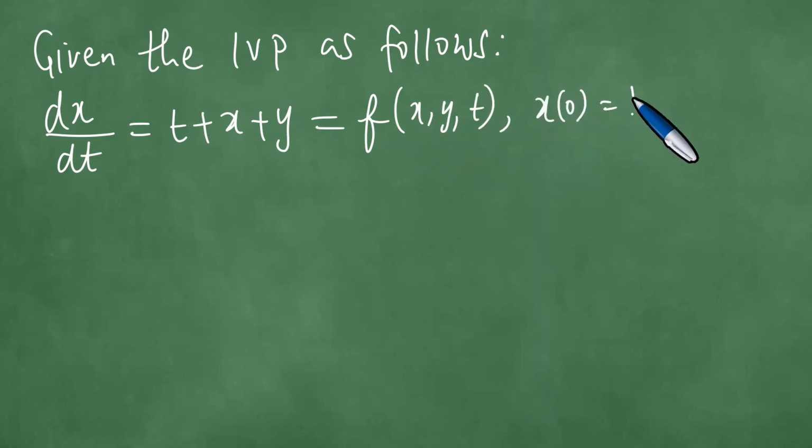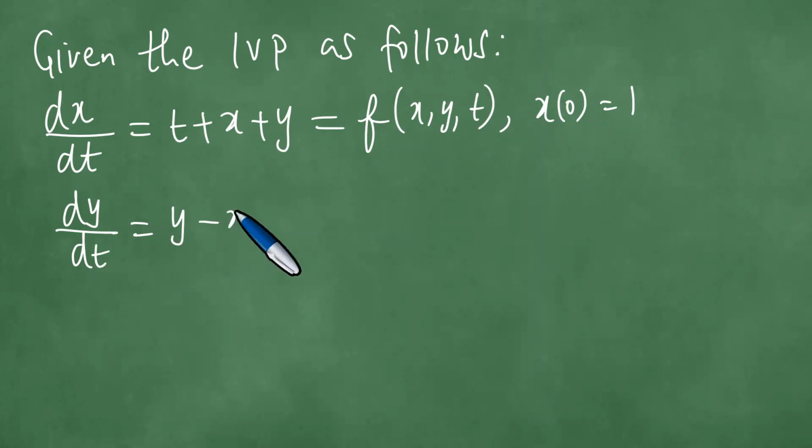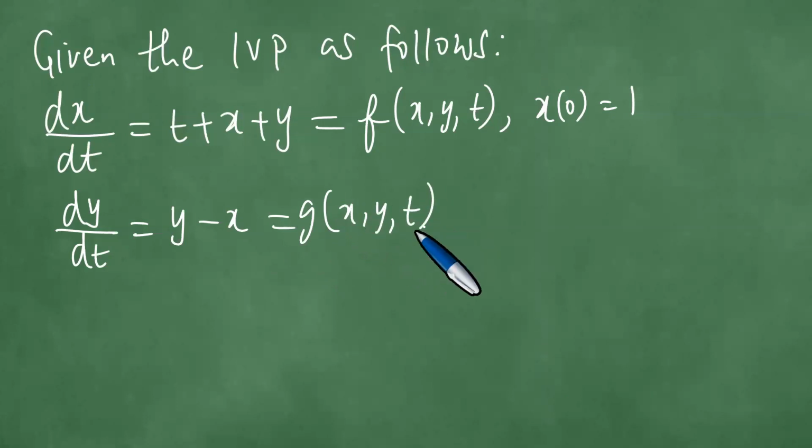X of 0 is 1. The second equation given in the question is y minus x. This is g, which is a function of x, y, t, and we have that y at 0 is 0. This is the given initial value problem, but now we need to deal with the predictor here.